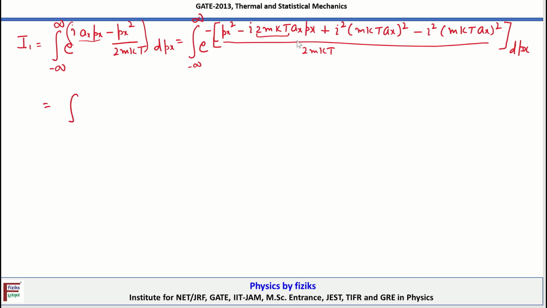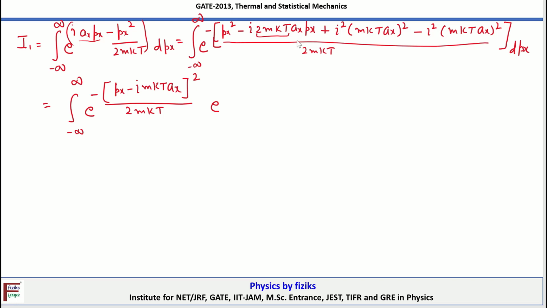Now this is equal to the integral from minus infinity to infinity of exponential minus (p_x minus i mkT a_x) whole square, divided by 2mkT, and then we have another constant term, minus i² mkT a_x². So i² will give us an additional -1, so minus and minus will become plus.